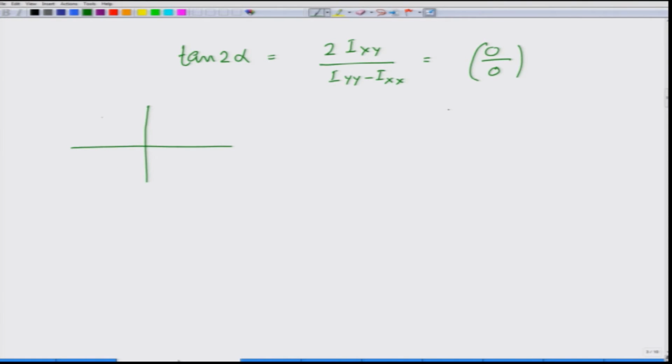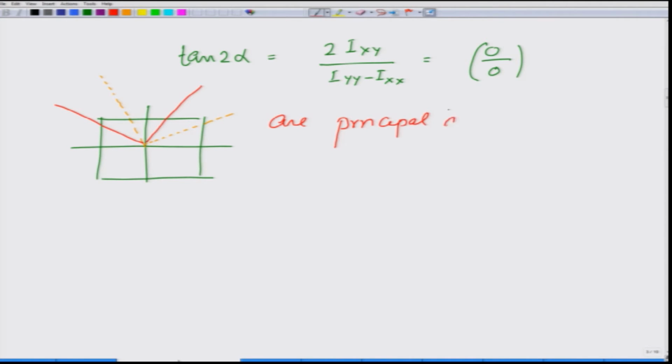Therefore, in a square, any axis at any angle could be this, could be this, all these are principal axes. If the originally chosen xy axes were the principal axes alone, then this would have come out to be 0.